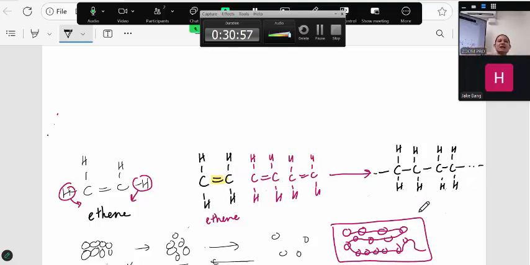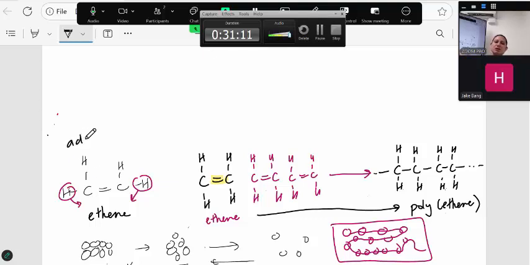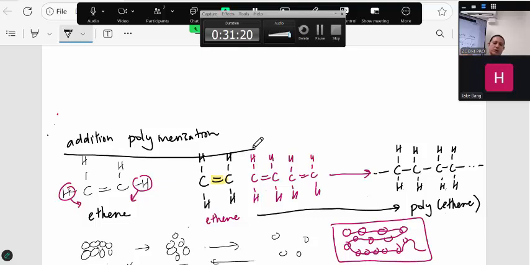It's not just three, it goes on for thousands. So now from ethene, it has changed to polyethene. Get it? Polyethene is the normal plastic that we have. And this is called addition polymerization. Okay? Addition polymerization.